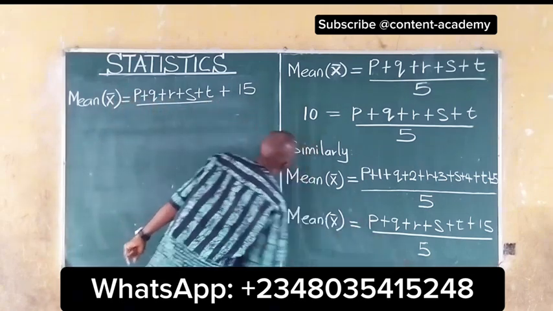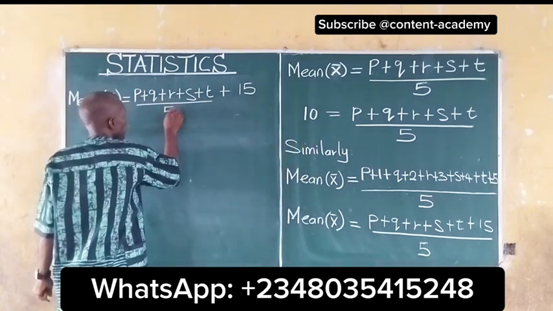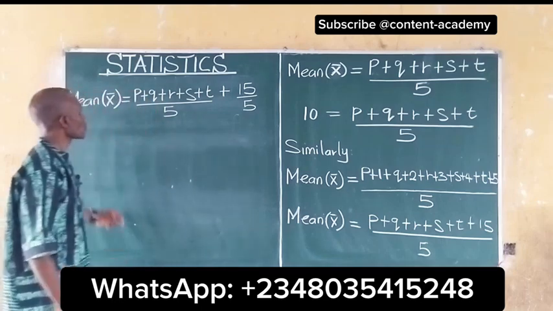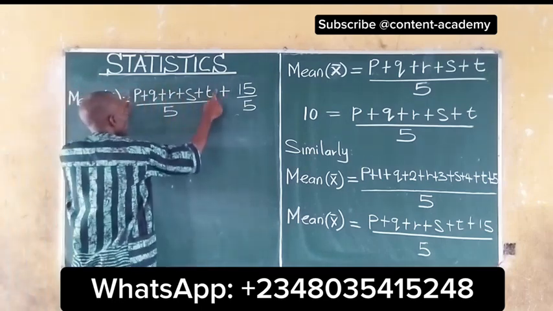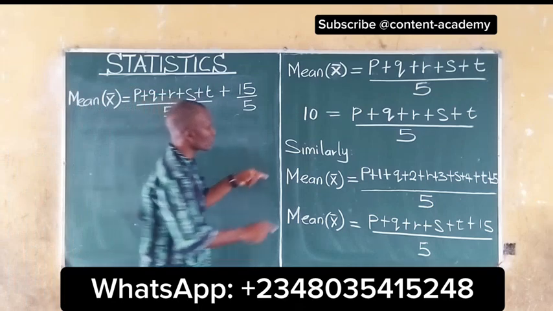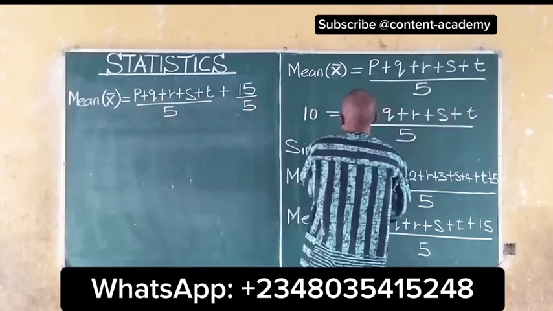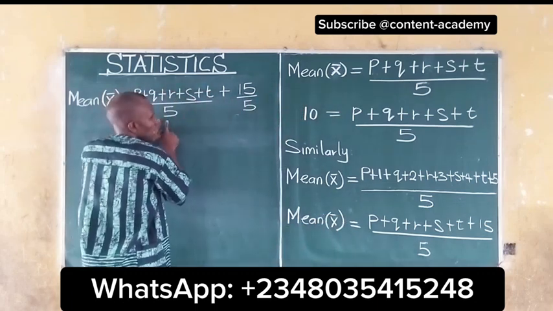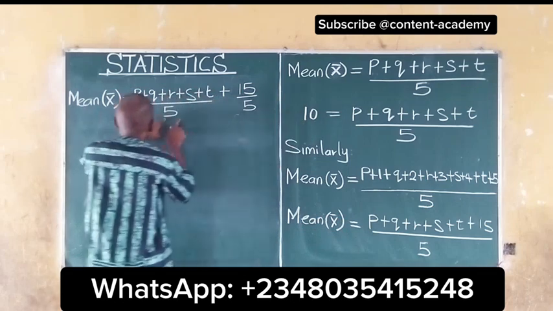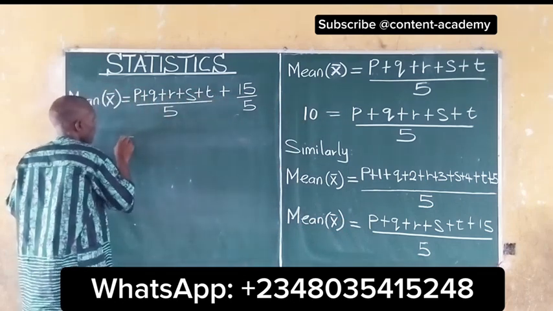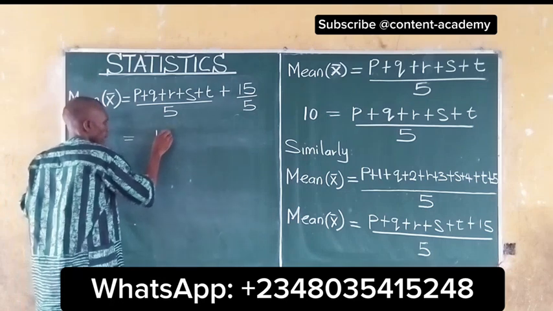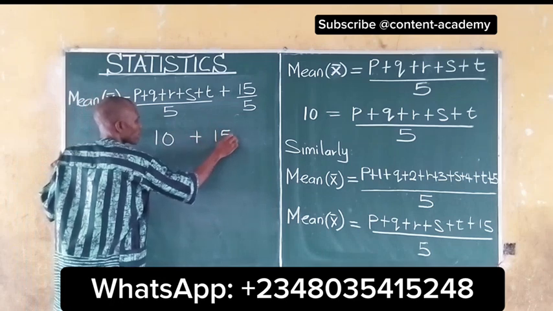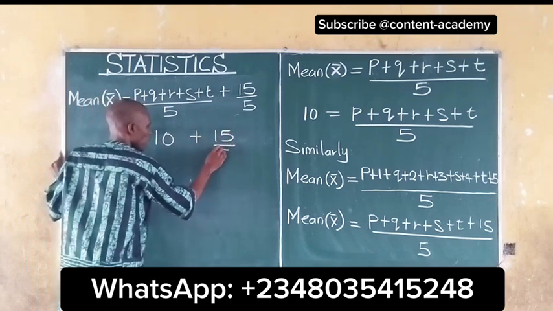Because of this 5, you can split it to be divided by 5 and here divided by 5. Now, we know that the whole of P plus Q plus R plus S plus T over 5 is equal to 10. So we bring this 10 here, which is equal to 10 plus 15 divided by 5.